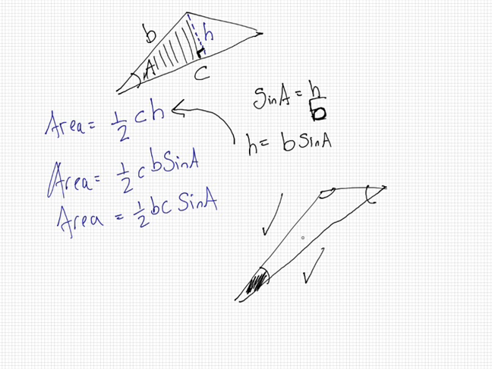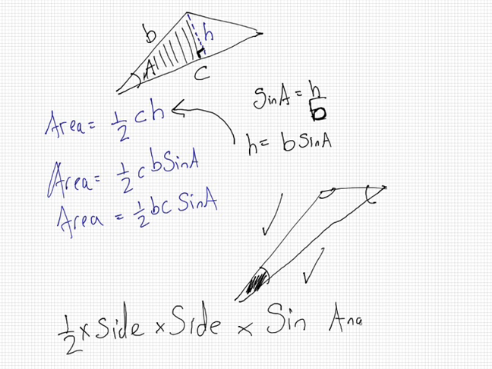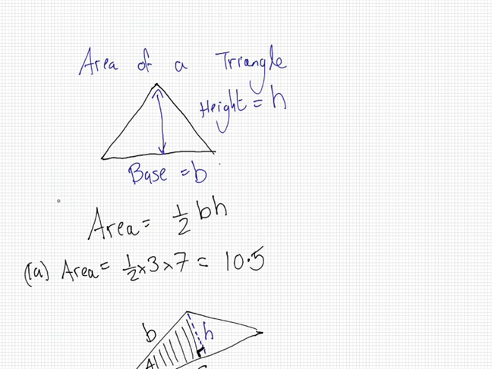If you want the area, it's a half the side multiplied by the side multiplied by the sine of the angle. That gives you the area. And again, it's important that it's the angle in between the sides. So for example, in 2a, that gives you the area. So this is our second area formula for today. And this was our first one.